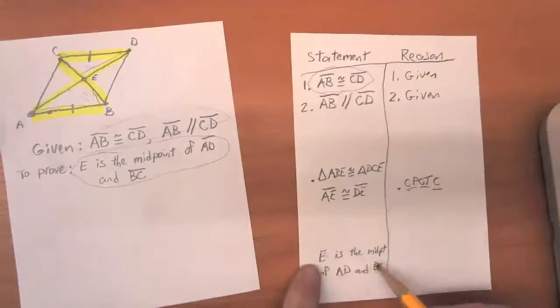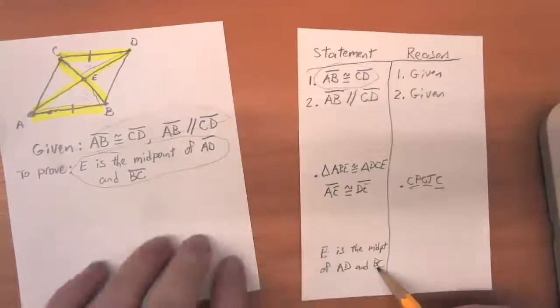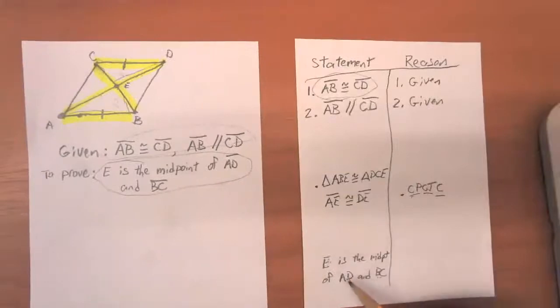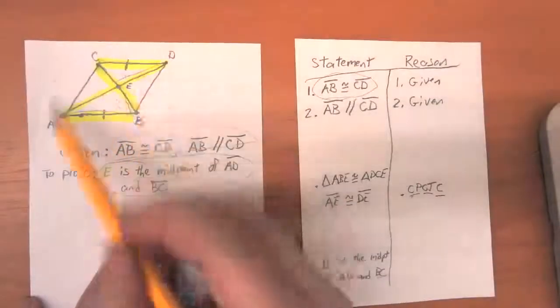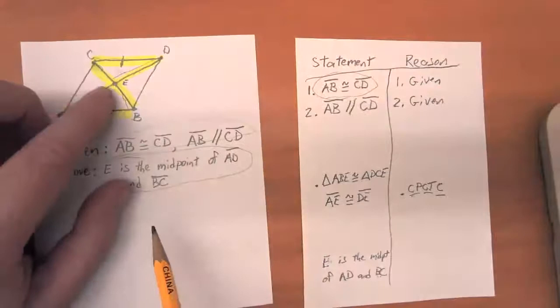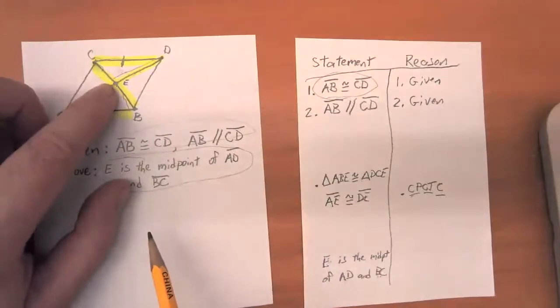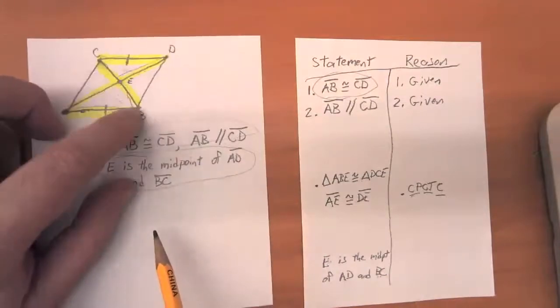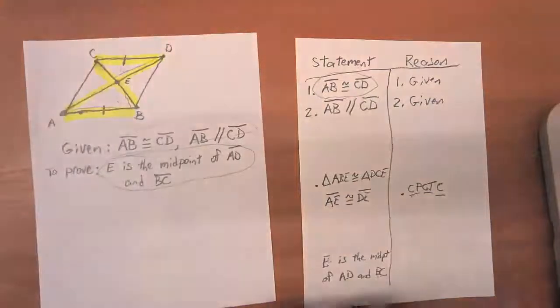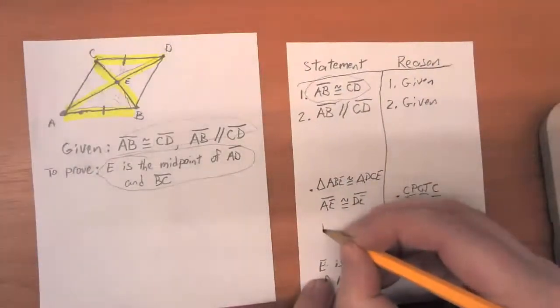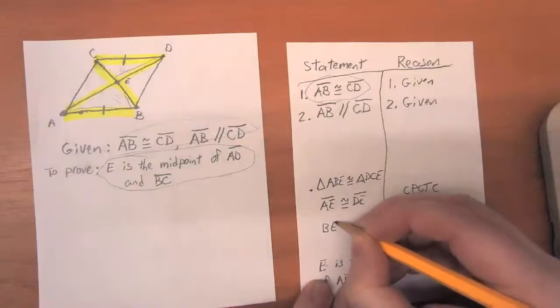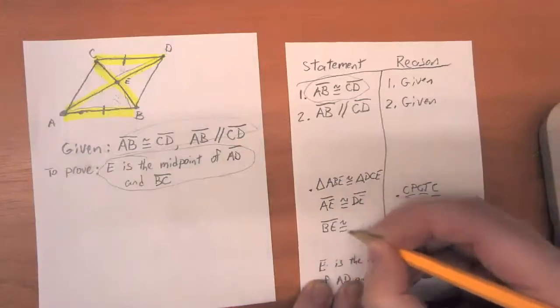We also need to show that E is the midpoint of BC. That's almost the same thing as AD. So what other statement am I going to write talking about congruence that makes me say that E is the midpoint of the line segment from B to C? Well, for that, I'm going to write almost the same thing.